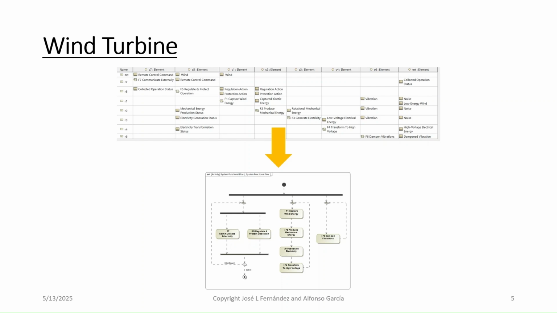Coming back to the wind turbine example, and as it is proposed in the ISE&PPOA methodology, we're going to use the n-squared chart to identify the functional flows, and then we will represent them in one SysML activity diagram.